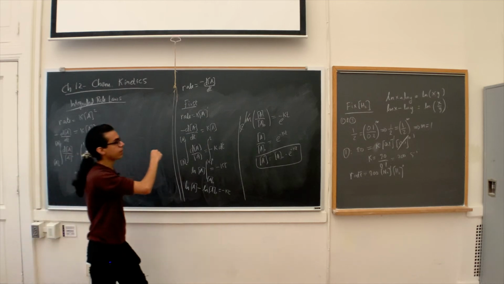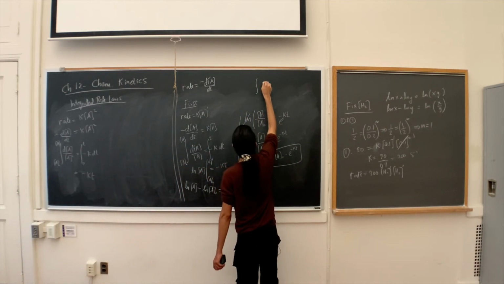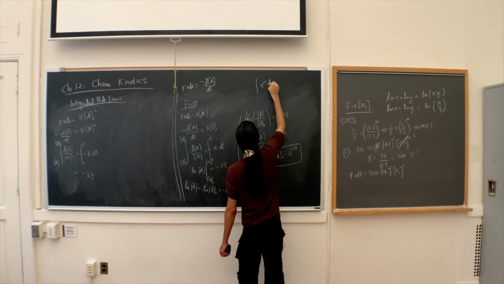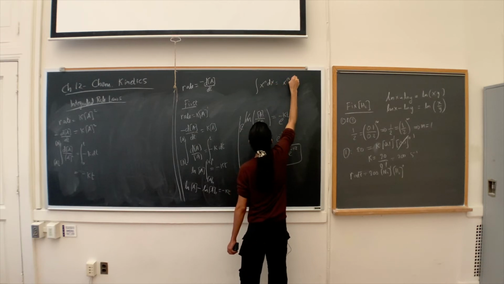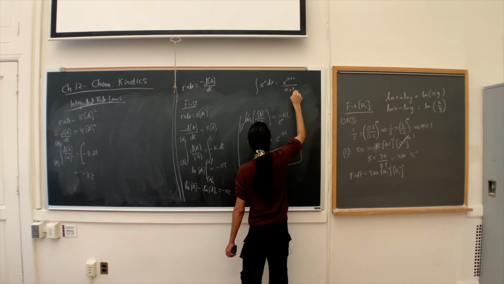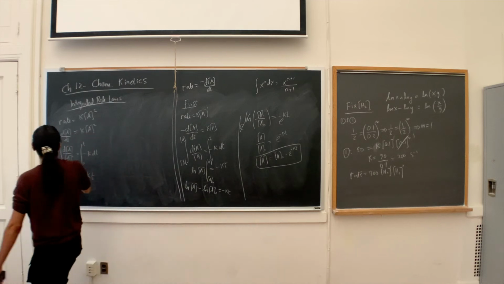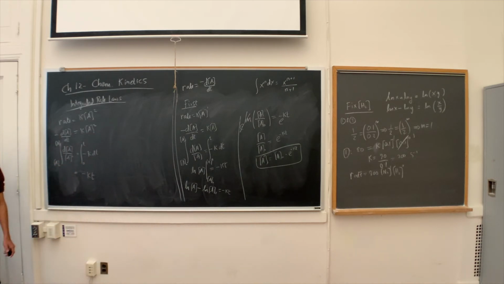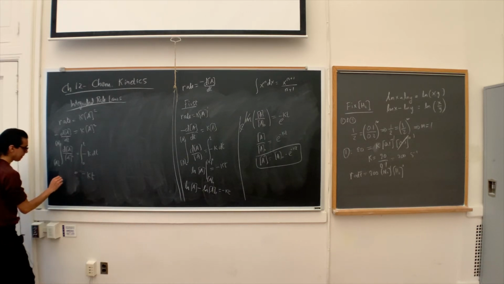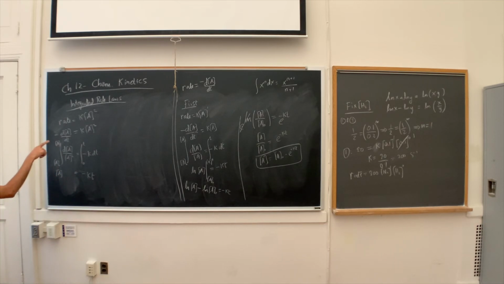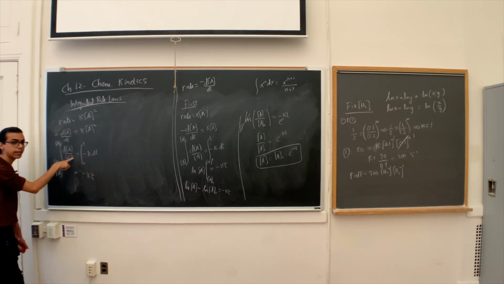Remember, this was x to the n plus 1 over n plus 1. A squared in the denominator is a to the negative 2 in the numerator. So the answer is going to be, I take my x and raise it to n plus 1. N here is negative 2.